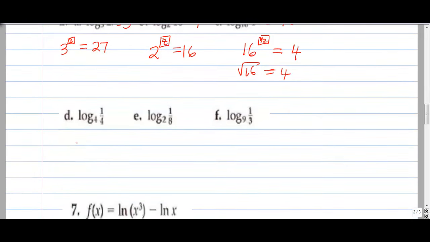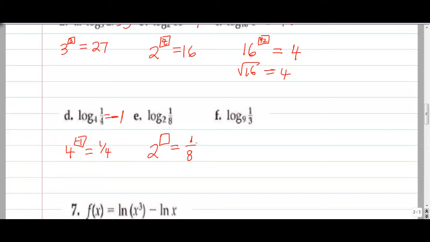Log base 4 of 1/4 equals something. So that's 4 to the something equals 1/4. So that's 4 to the what power? -1. 4 to the -1 is 1/4. And then 2 to the something is 1/8.